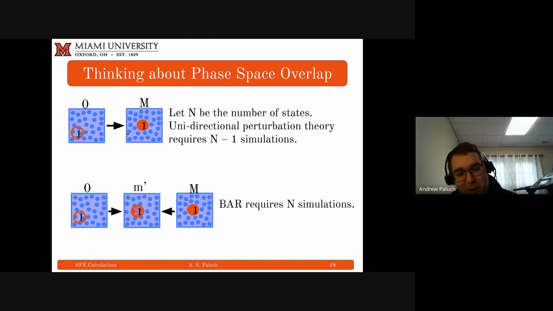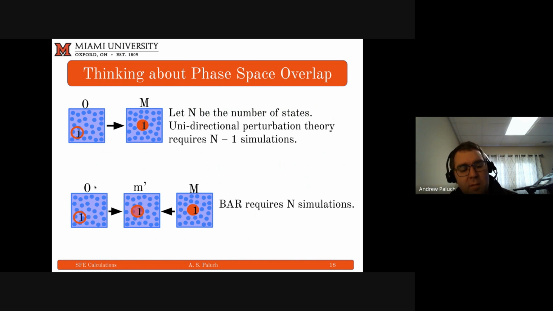So that was first perturbation theory. Bennett introduced an intermediate state. If I compute the difference between 0 and m prime, then m prime and m, I could sum the two of them together to give me the free energy difference between state m and 0. The key being that my solvation free energy, just like my free energy, is a state function.